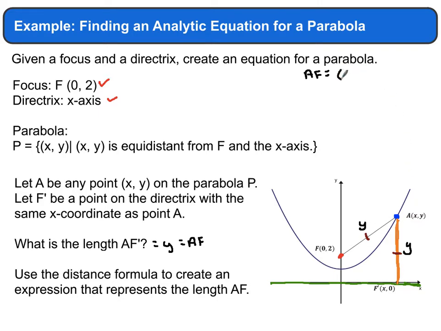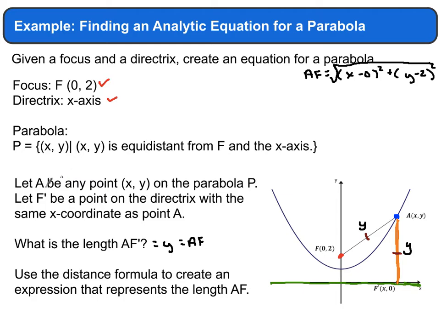So we would have x minus 0 squared, and then plus y minus 2 squared, and then here we have our radical for the whole thing. And so this would be what will allow us to find the distance of AF.